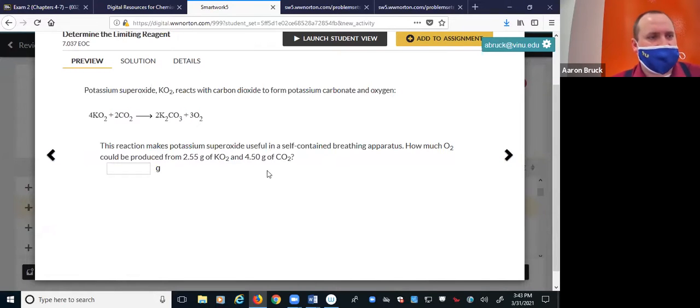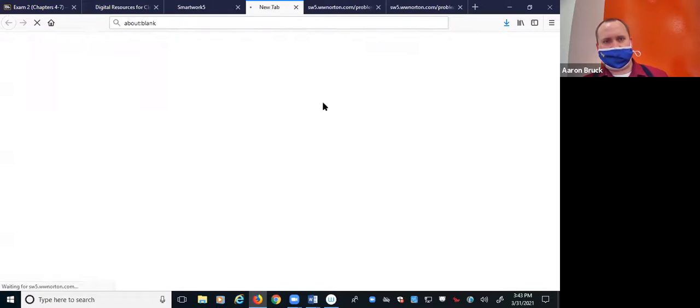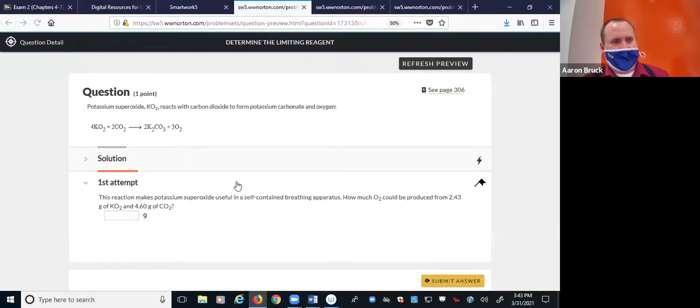So something along these lines. I've got something like potassium superoxide, KO2, reacting with carbon dioxide to make potassium carbonate and oxygen.